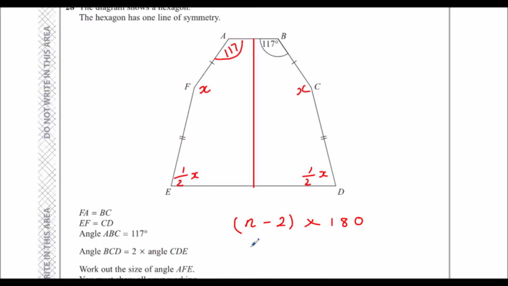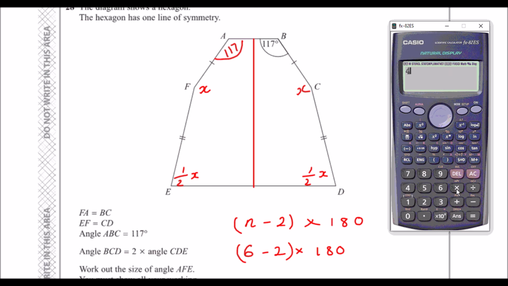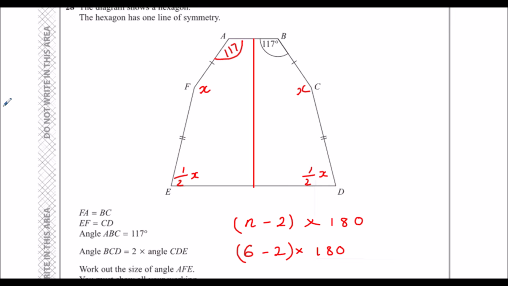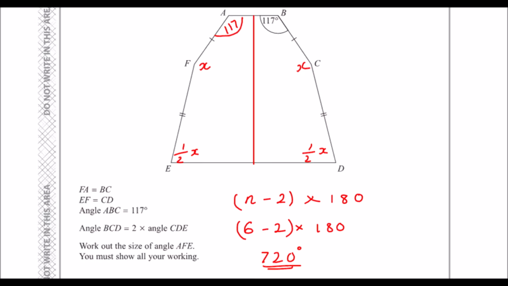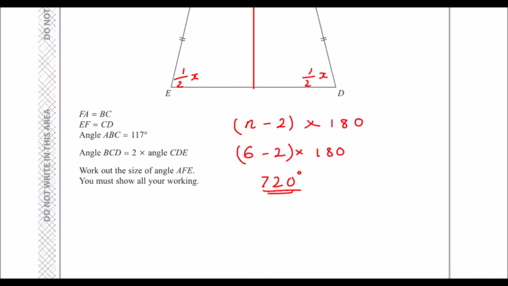So for a 6-sided shape, it's 6 minus 2 times 180. So 4 times 180 is 720. So 720 degrees is the total. And we've got 2 117s.